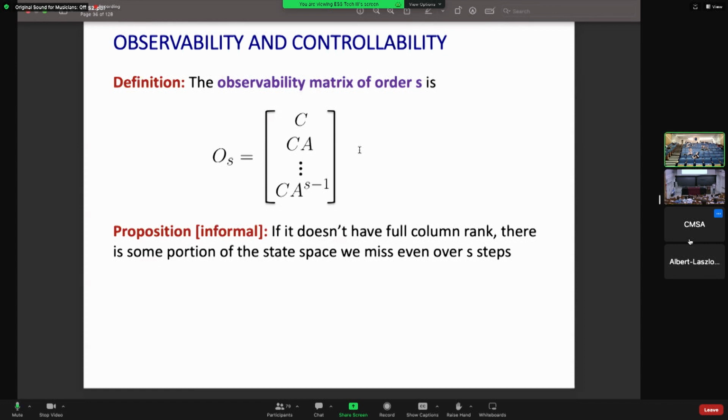Not only do I not observe that change immediately, I don't observe it at the next step, because when I apply the matrix A, that allows the system to progress by 1 step, and then I still don't see it. And then I still don't see it even after S time steps. So this observability matrix captures what parts you can see of the system, linear algebraically concatenated over S consecutive time steps. And when it doesn't have full column rank, that means there's some portion of your state space that you're blind to.